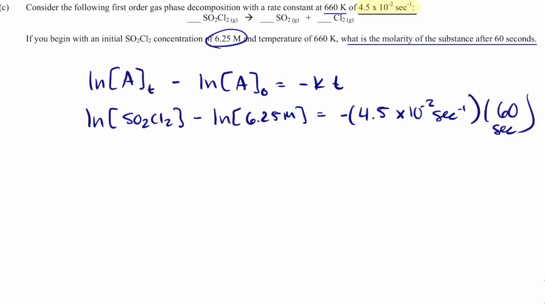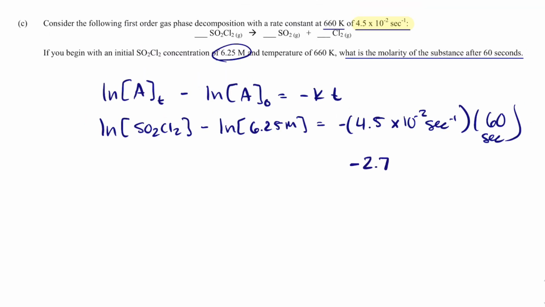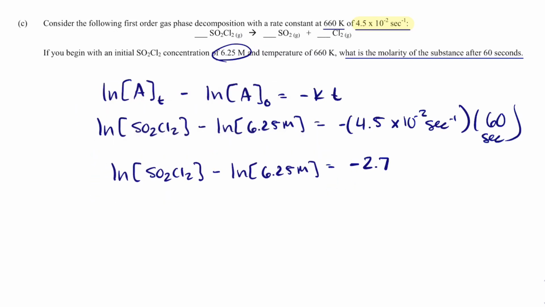So I'm going to multiply these two. I get negative 4.5 times 10 to the minus 2 times 60, and I get negative 2.7 equals this. What a lot of people will do is they will divide, but what you need to do is add over the natural log of 6.25.